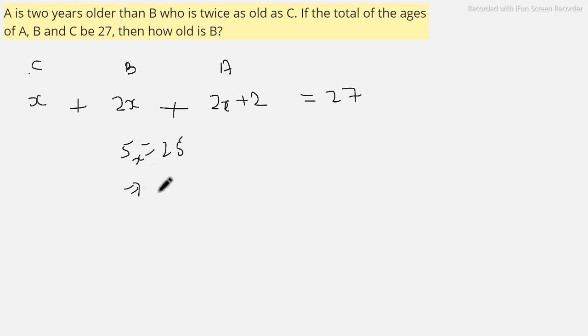So x will be 5. So how old is B? The value of x is 5, so age of B will be 2 into 5, that is 10 years. Moving on to next question.